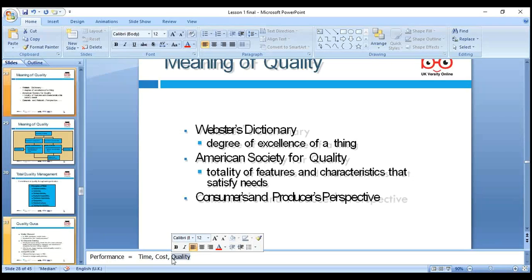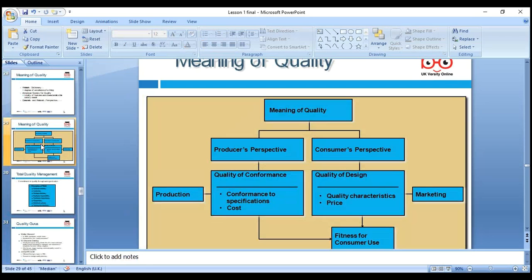Maybe the first year we can sell the things, but after next year we can't. Then different dictionaries explain quality as a degree of excellence, the total features and characteristics that satisfy needs, and the customer and the producer perspective can be different.